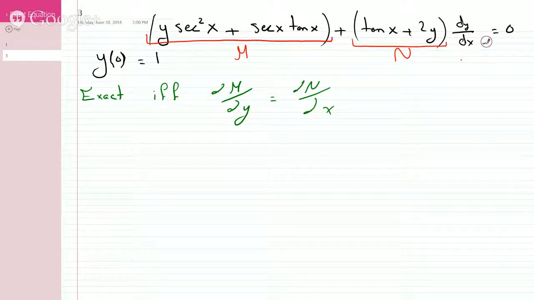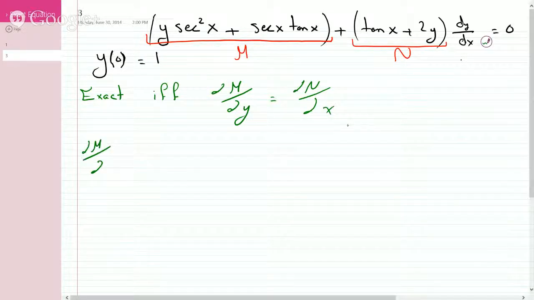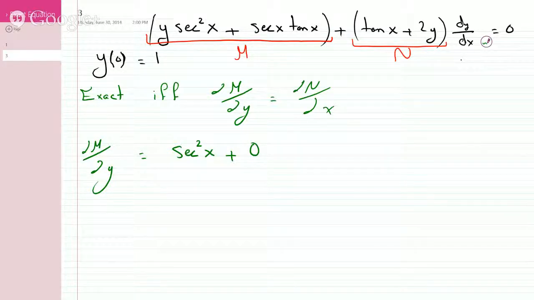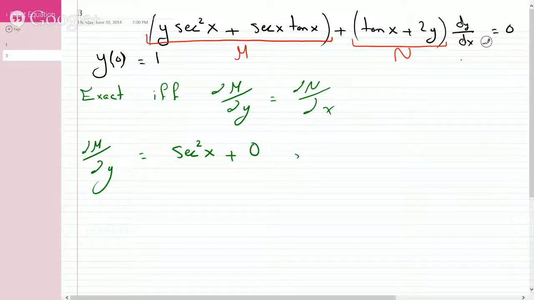So let's find out what dM over dy is. We differentiate with respect to y, holding x constant. So the first one will just be secant squared x plus 0, because secant x and tan x are functions of x. So when we differentiate with respect to y, there are zeros.